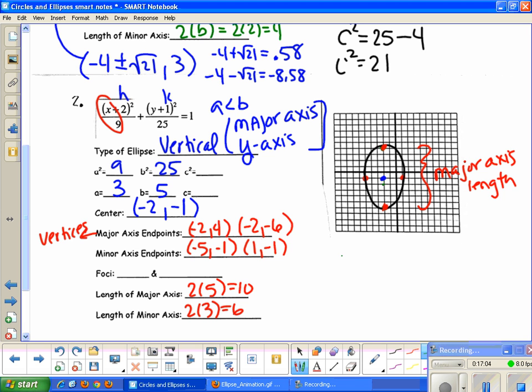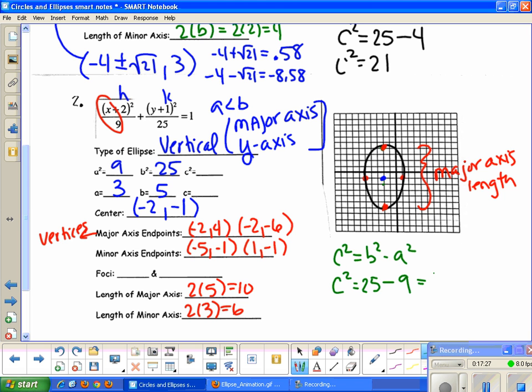To do that, I take c squared equals, it's always the larger one minus the smaller one, so in this case, b squared minus a squared. So c squared is equal to 25 minus 9.